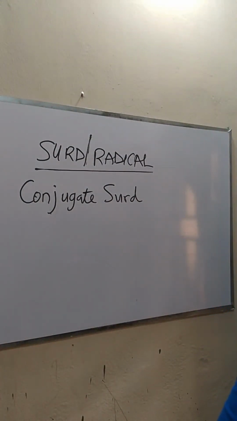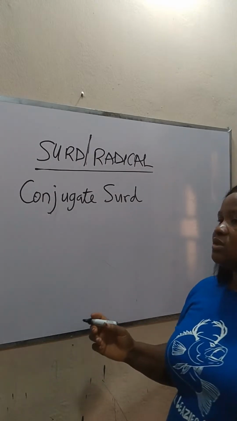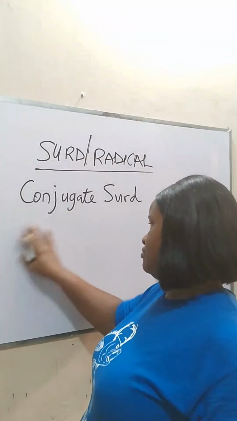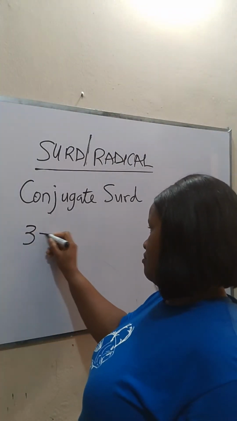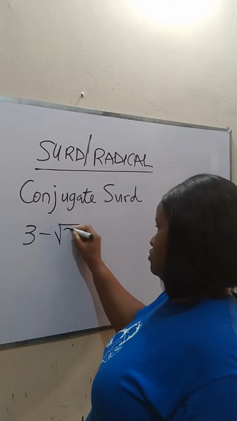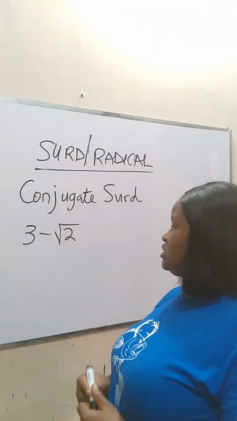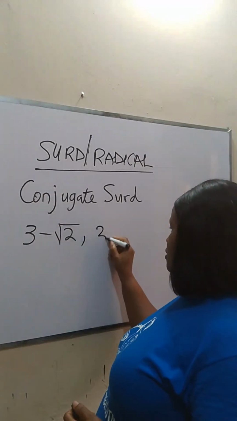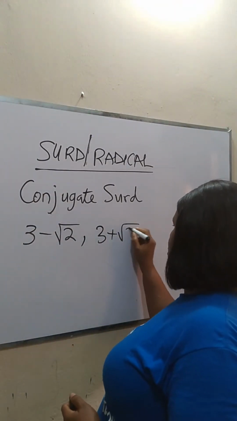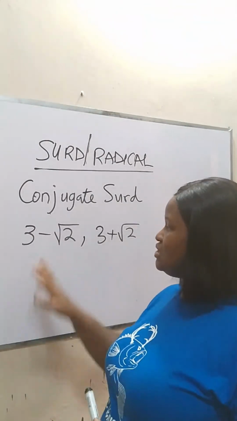So when we talk about conjugate surds, let me show what it means. We have 3 minus root 2. Now, the conjugate of 3 minus root 2 is 3 plus root 2. What did we do? We just changed the sign.